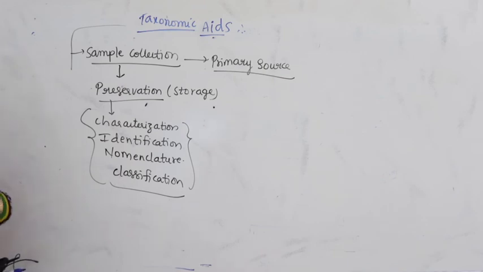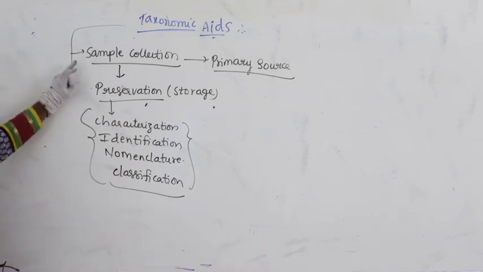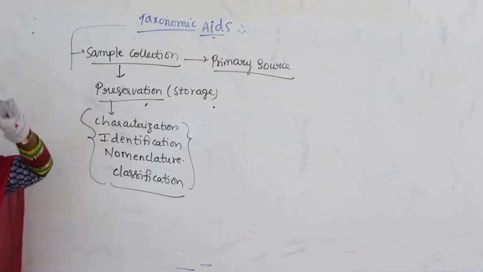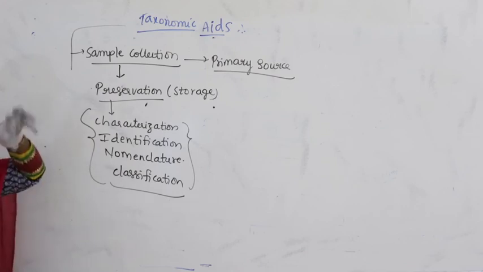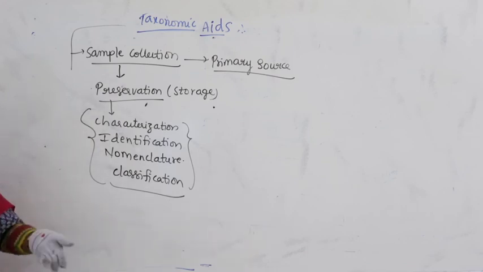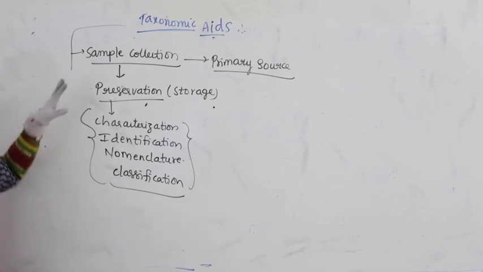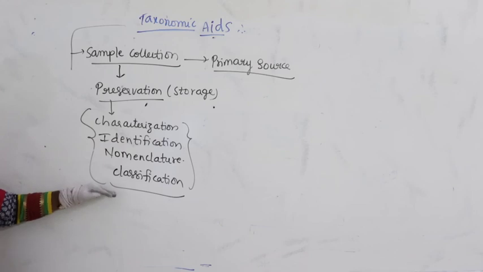To know the taxonomic classification, the first thing you need to do is sample collection. After collection of the sample, you need to store it for future reference, for knowing the data, what it is, and what characters match with what components and what the parameters are.